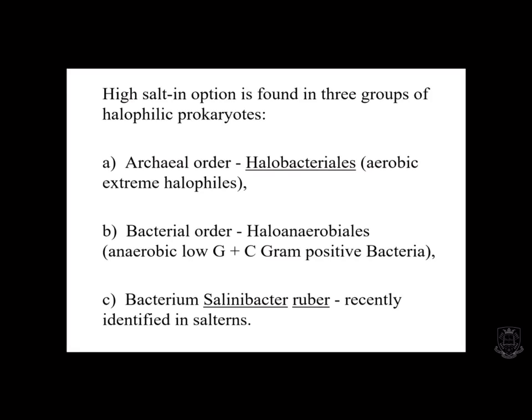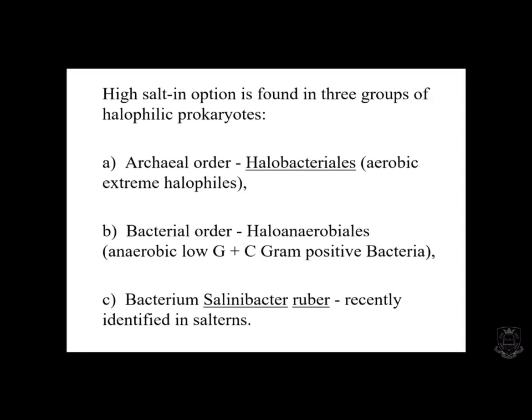But then it was found that there was a bunch of anaerobic gram-positive bacteria, so not Archaea, they were actually bacteria by phylogenetic definition, the Haloanaerobiales. And these are also found in the salt lakes, but obviously in the sediments where there's anaerobic conditions.